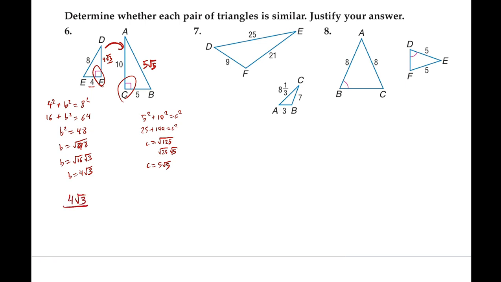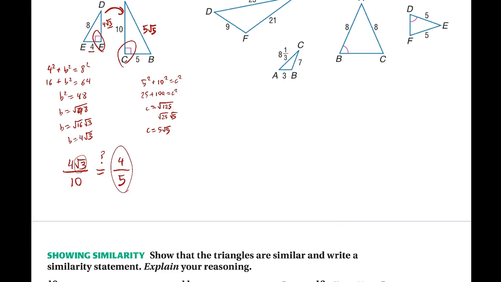The big on the right is 10. Is that equal to small on the left, 4, to small on the right, 5? No, that is not. There's no way to have the square root equal a perfect 0.8. But you could always cross multiply and check. So cross multiply, is 20 root 3 equal to 40?